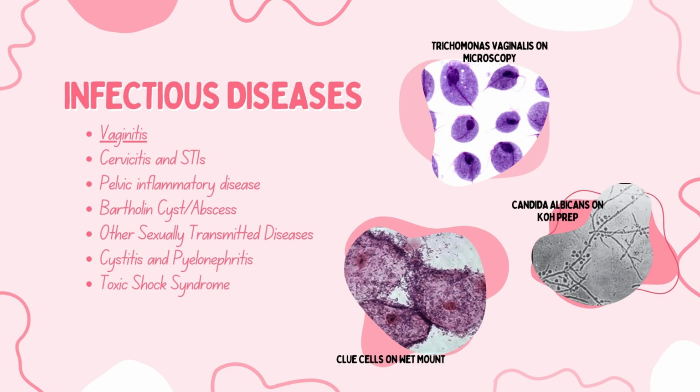So BV is a clinical diagnosis technically. You use something called the Amsel criteria, and you need to have at least 3 of the 4 criteria for a clinical diagnosis. Criteria number 1 is copious, thin, homogeneous, grayish-white vaginal discharge. Criteria 2 is a vaginal pH over 4.5. 3 is a positive whiff amine test or a fishy odor when 10% KOH is added.